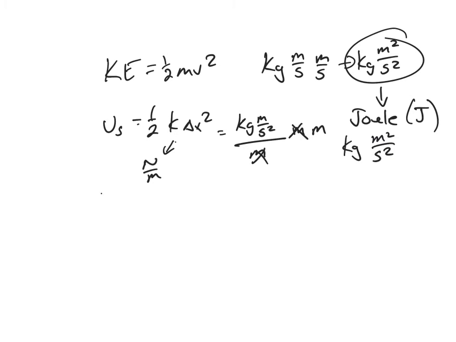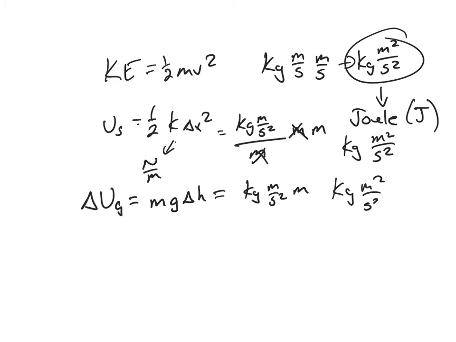Look at one other one, gravitational potential energy, which is mg, and actually this is change in gravitational potential energy, is mg delta h. So m is kilograms. Our g is newtons per kilogram, or meters per second squared. Our change in height is measured in meters. So again, we can see that we have, once again, the exact same units.